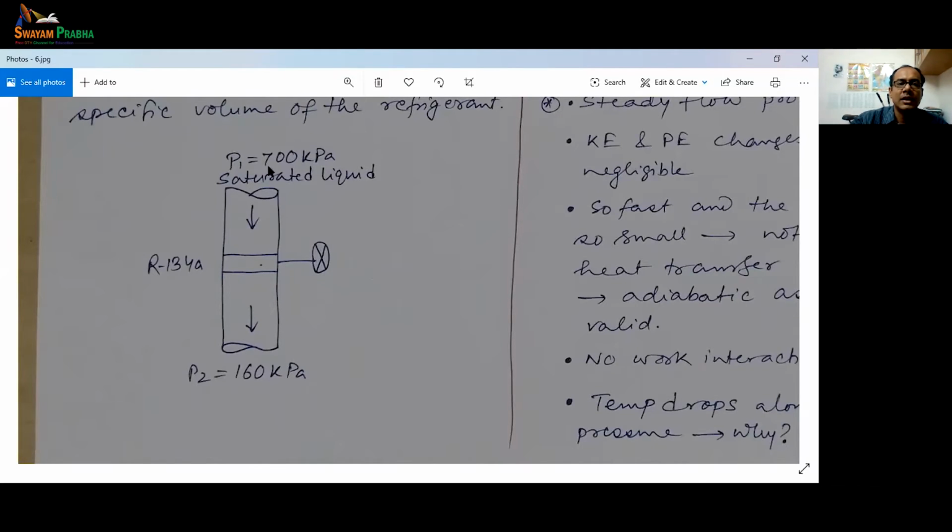So if you open it, the high pressure refrigerant here will flow to the next part, and it will come down to a lower pressure value, and during this process the temperature will also come down, and this is called a throttling process. So a throttling process is nothing but a high pressure fluid flowing through a narrow restriction and thereby losing pressure.